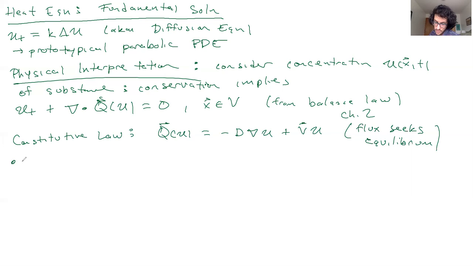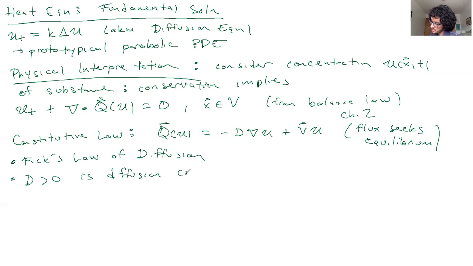This is the standard constitutive law, also known as Fick's law of diffusion, okay. And as we said before, we want D to be greater than 0, and D is our diffusion coefficient.